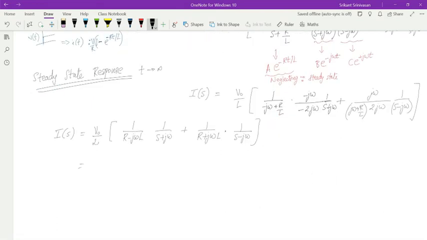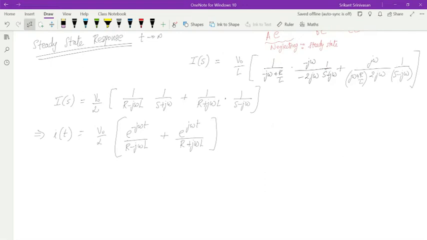And that is giving me this expression V naught by 2 into e power minus j omega t by R minus j omega L, and this is plus e power j omega t by R plus j omega L. Fine.